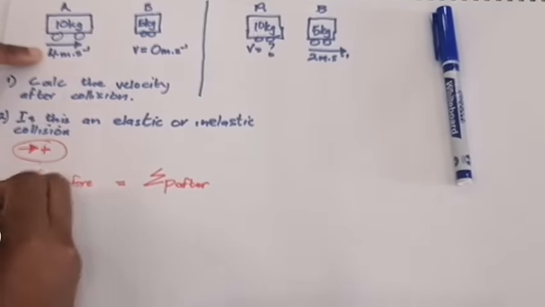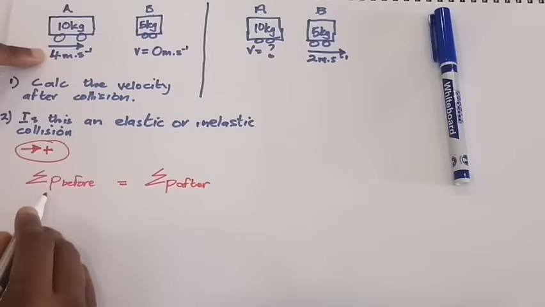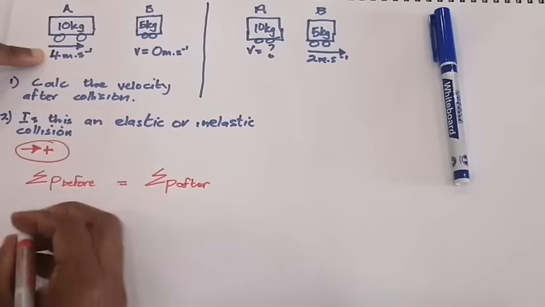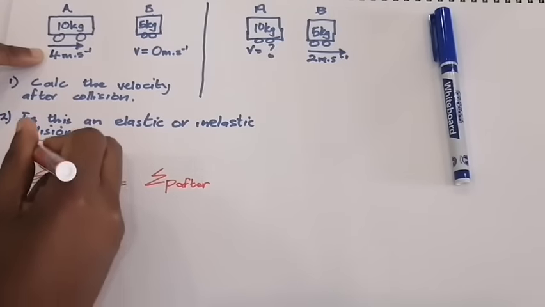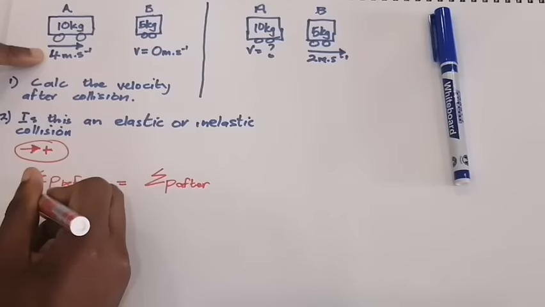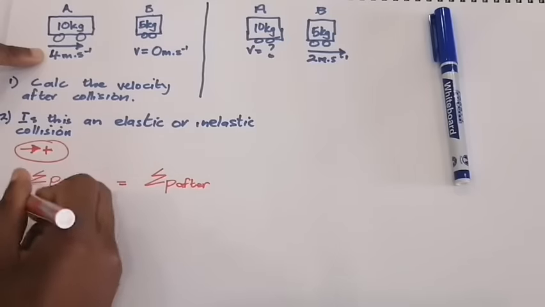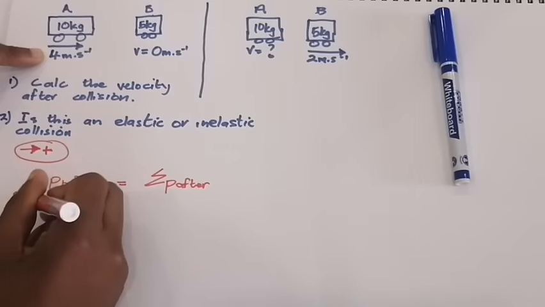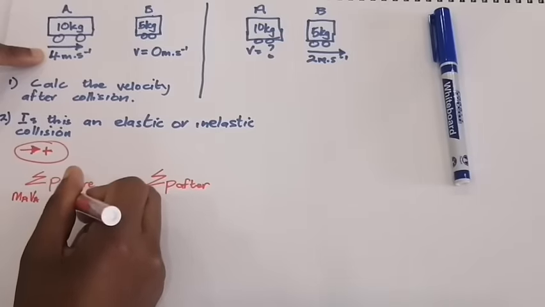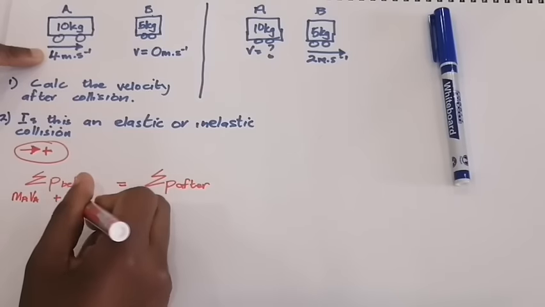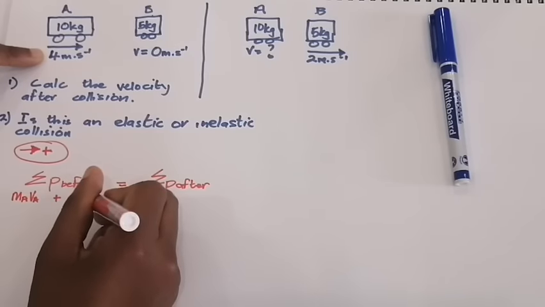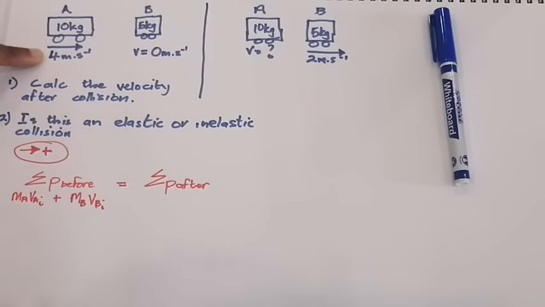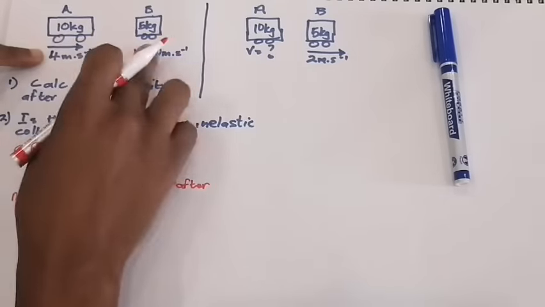Now, what do we have? We've got the momentum of A. Remember, we're taking the sum of their momenta, so we take the momentum of body A. But what is momentum? We know it's mass multiplied by velocity. So we have the mass of A times the velocity of A, plus the momentum of B, mass of B times velocity of B, and both of those are initial, before the collision.